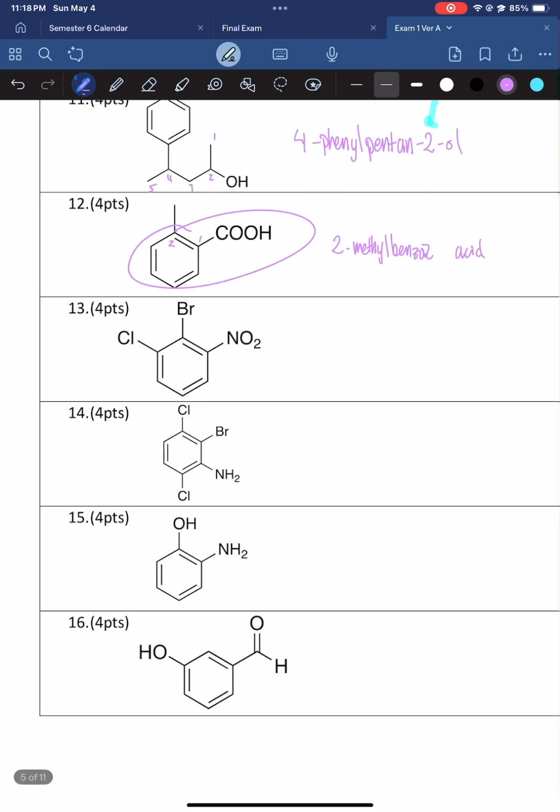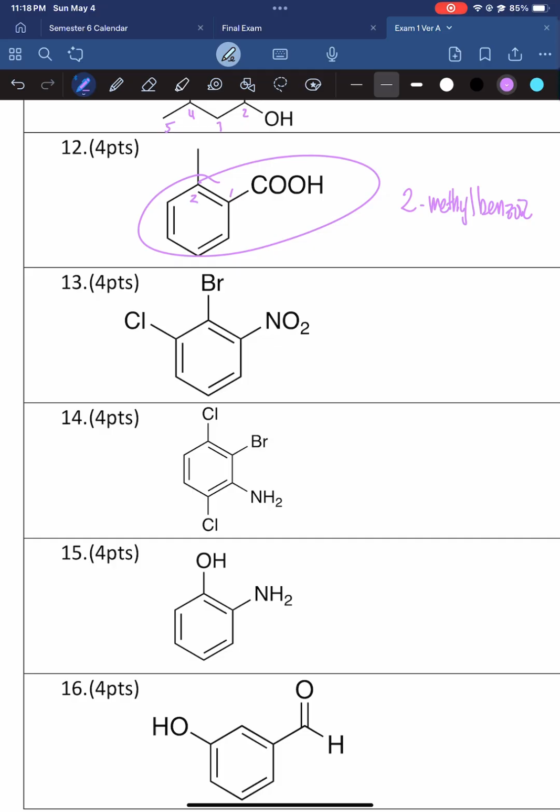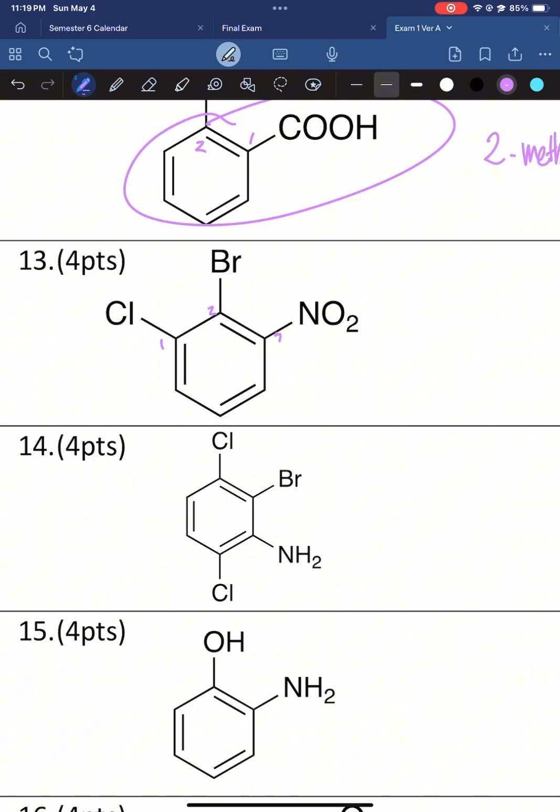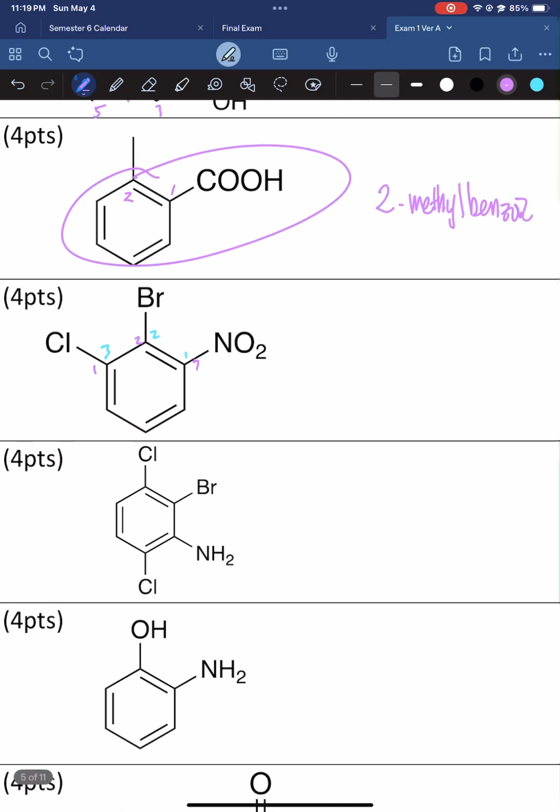So let's get started here by numbering. The numbering scheme is going to be 1, 2, 3 going this way, or 1, 2, 3 going that way. And in this case, since we have a tie within the numbering scheme, we're going to go with what alphabetically makes sense. So chlorine is going to come before nitro. So the numbering is going to go 1, 2, 3 this way.